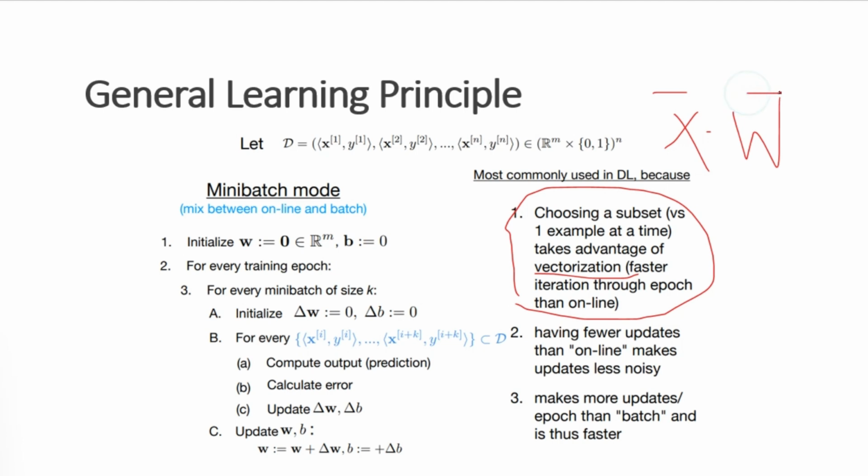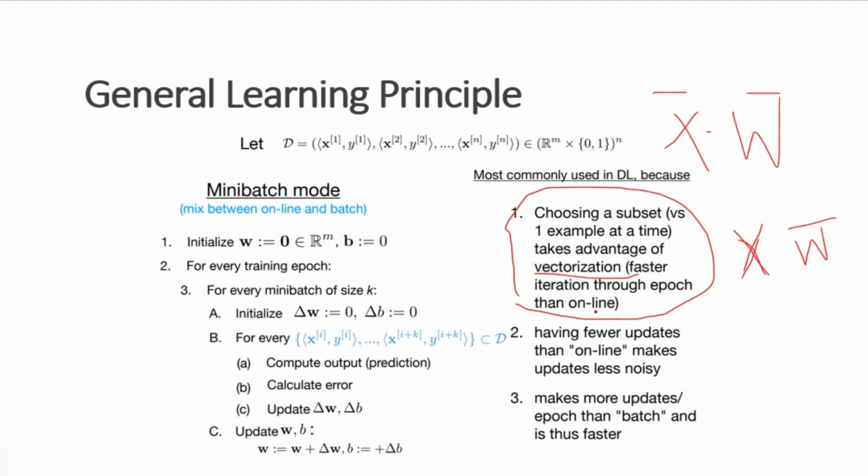So instead of using a vector times weight matrix and doing this multiple times with a for loop, which is of course slower than doing it one time with this matrix multiplication. So using this vectorization makes the processing, or iterating over an epoch, faster in the mini batch mode compared to the online mode.